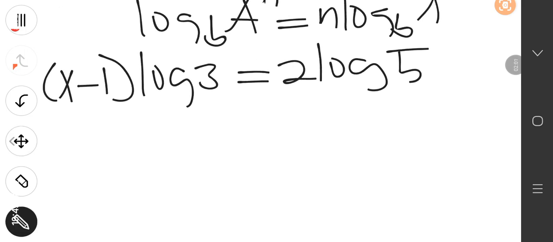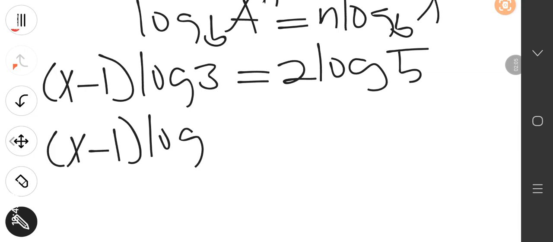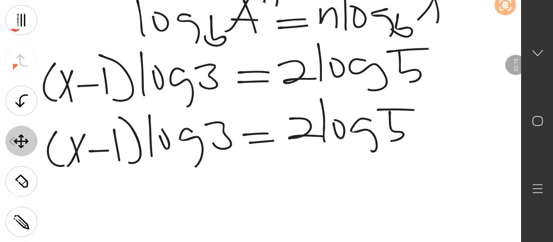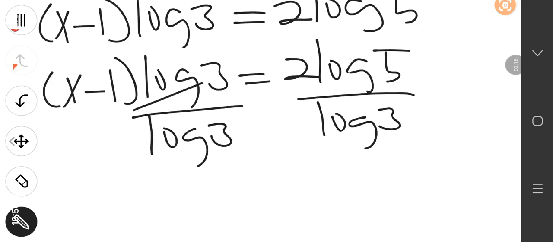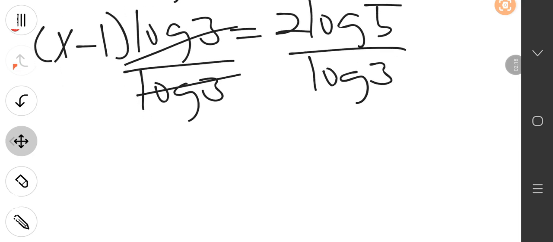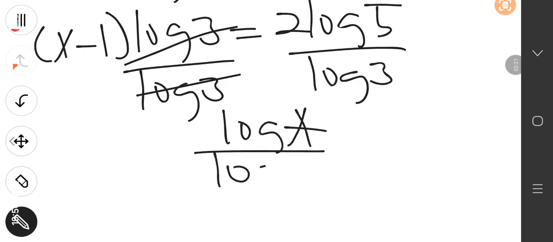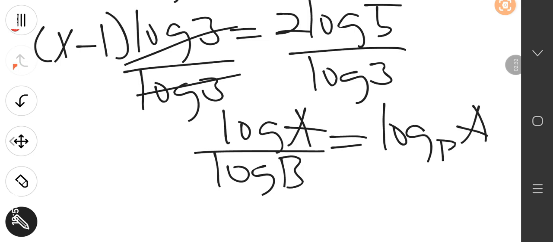So our equation becomes (x minus 1) times log 3 = 2 log 5. Now let's divide here by log 3, here by log 3. So this and this will cancel. Now let's apply the change of base concept. So log a over log b equals log a base b.